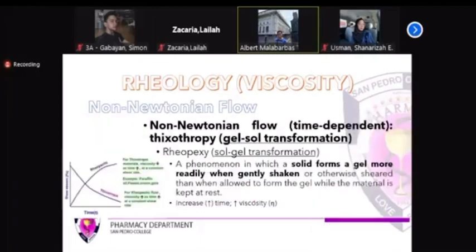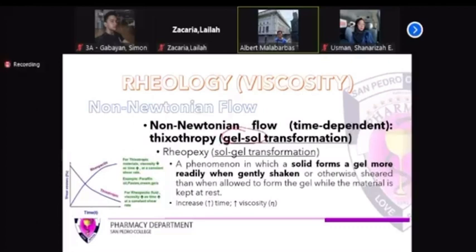Okay? Now, under your time-dependent non-Newtonian flow, we have thixotropic and rheopectic systems. Thixotropic is the counterpart of your pseudoplastic. Rheopectic, or rheopexy, is the counterpart of your dilatant. Thixotropic is gel to sol transformation.